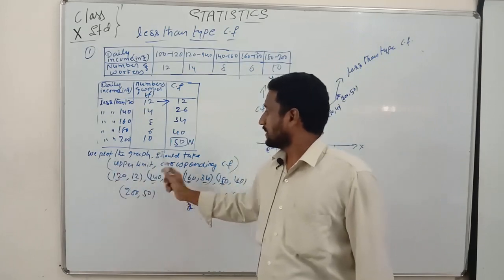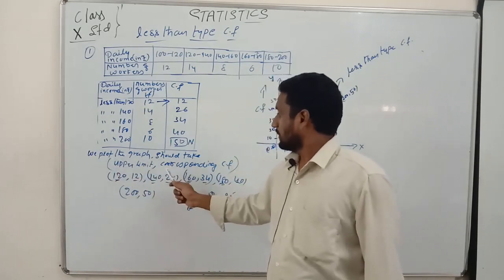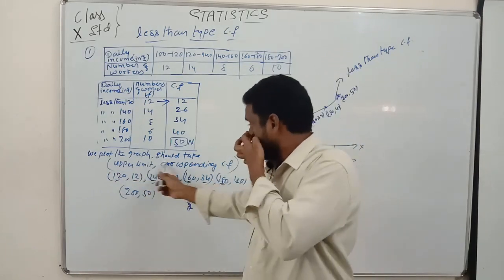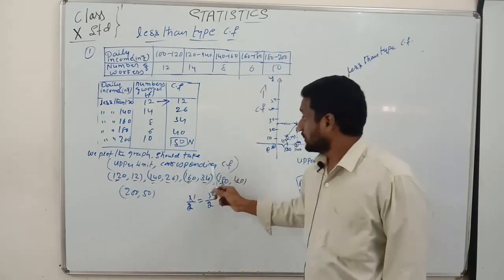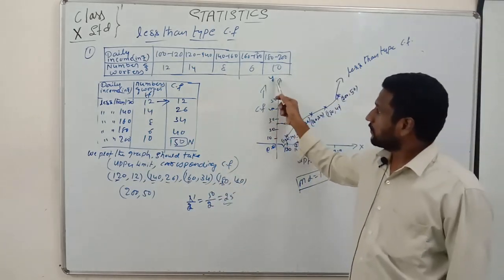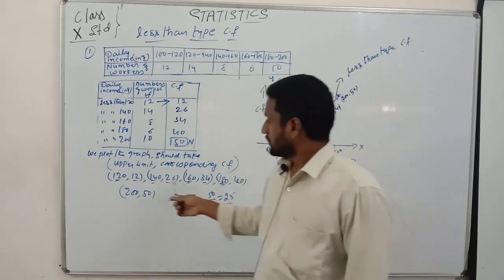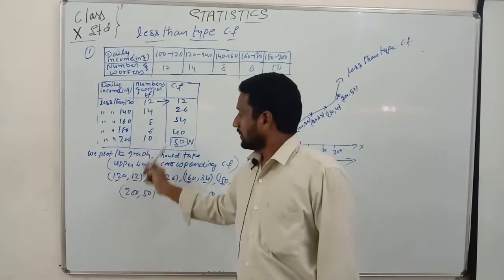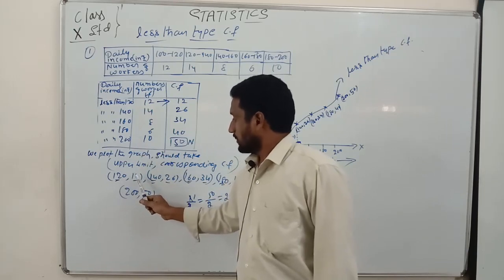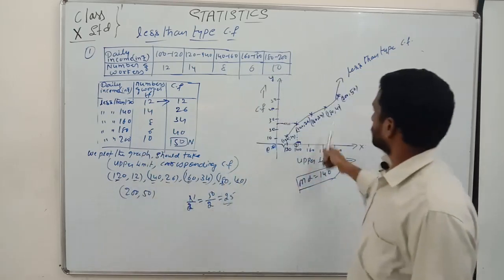You should take the upper limit and the corresponding cumulative frequency: upper limit on the x-axis and cumulative frequency on the y-axis. That is important. You can write the points in brackets as upper limit and cumulative frequency. Next you can plot the graph.